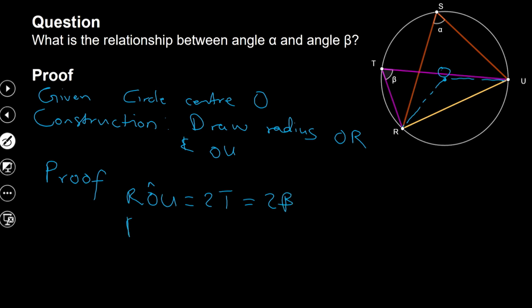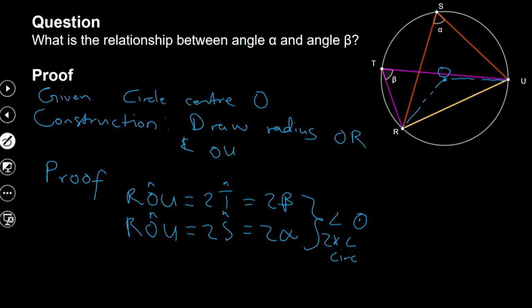Same thing, my angle ROU again will still be 2 times angle S, which is equal to 2 times angle alpha. And the reason is the same for both of these statements that I've made here: angle at center is twice the angle at the circumference. Angle at center 2 times angle at circumference.